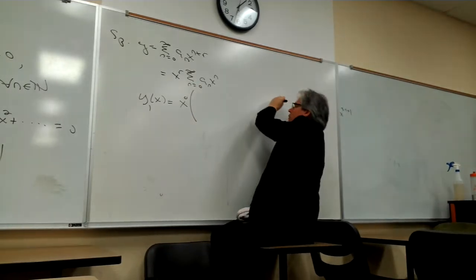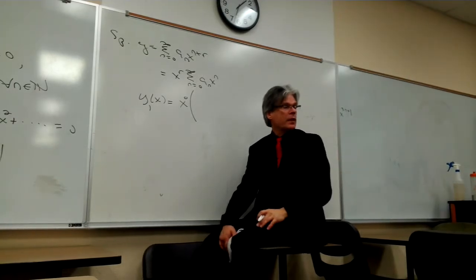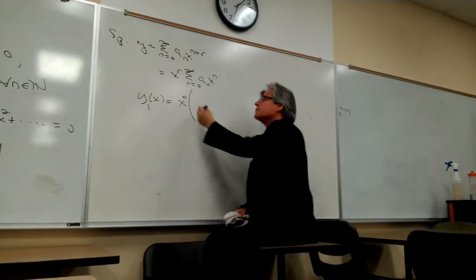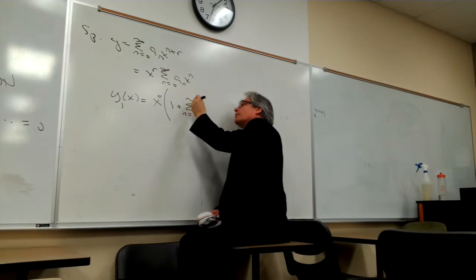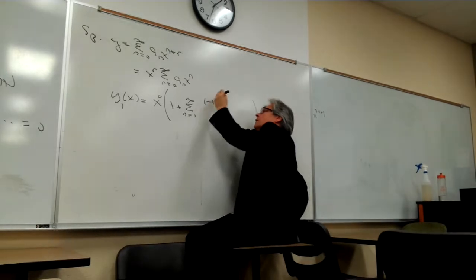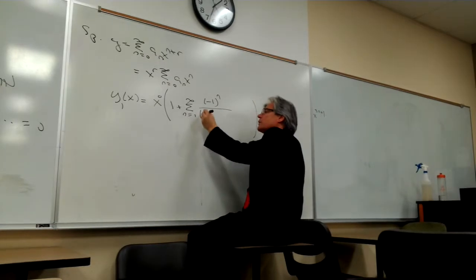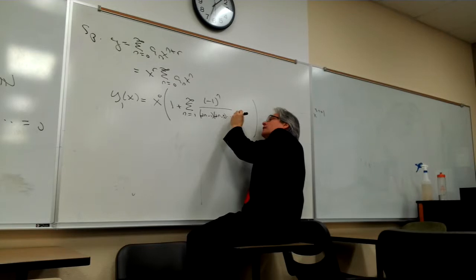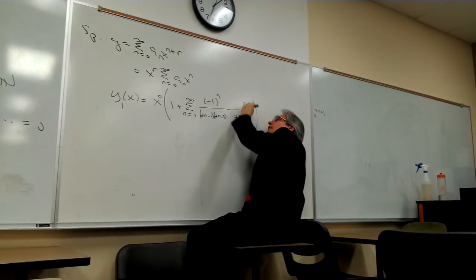Times, you guys seem to agree with me that I have to shave off the first term. And I think shaving off my first term, isn't that going to be a positive 1? Plus the sum, as n ranges from 1 on up, of my a sub n, which is this. Instead of 2n minus 1, 2n minus 3, all the way down to 7 times 5 times 3, times x to the nth power.